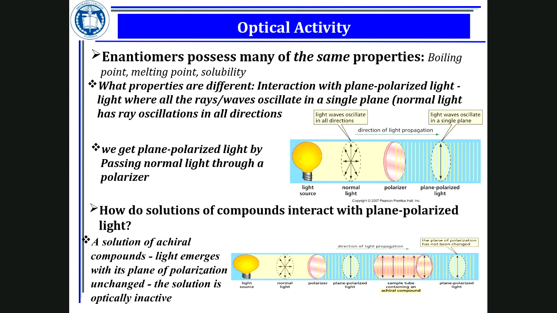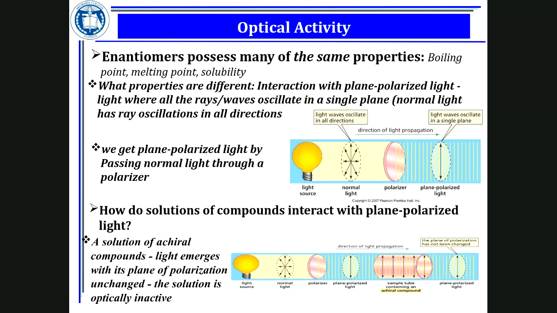But since there are 2 different compounds, there must be a point of difference between the pair of enantiomers. The point of difference is a difference in physical property: they rotate plane polarized light in different directions.